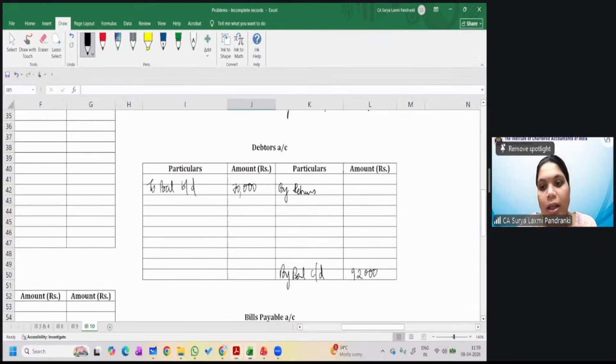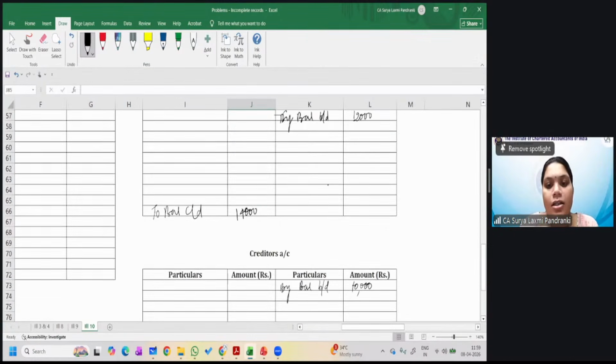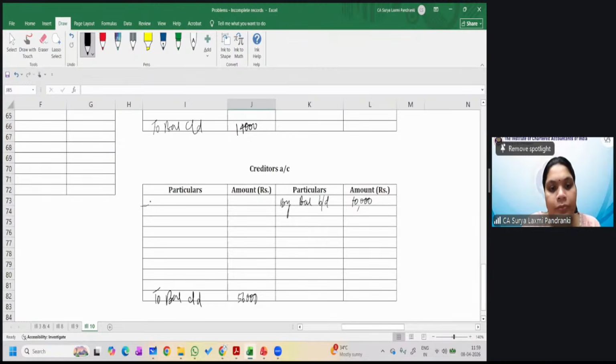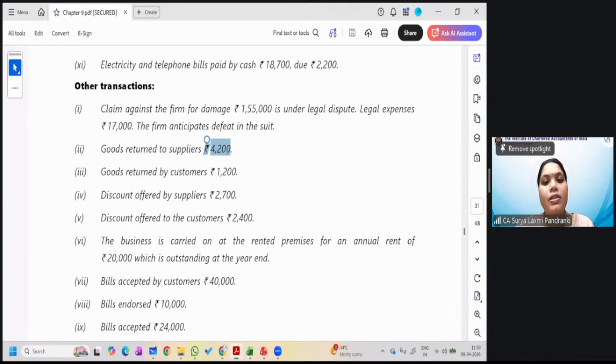And in creditors, debit to creditors, return outward 4,200.